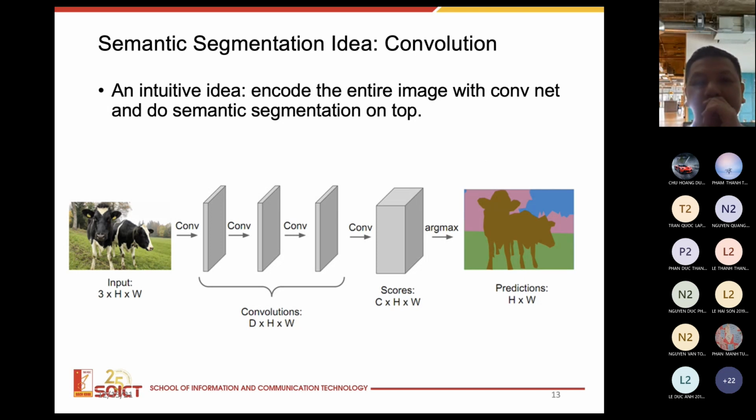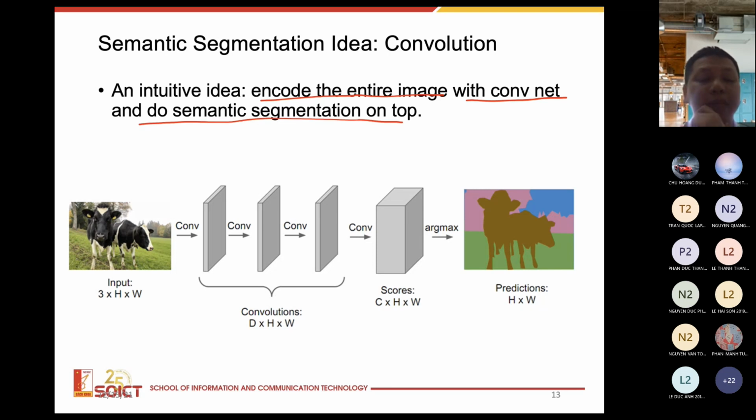So now we have another idea to do semantic segmentation, which is to use a convolutional neural network. The idea is to encode the entire image with the convolutional neural network and do the semantic segmentation on top.